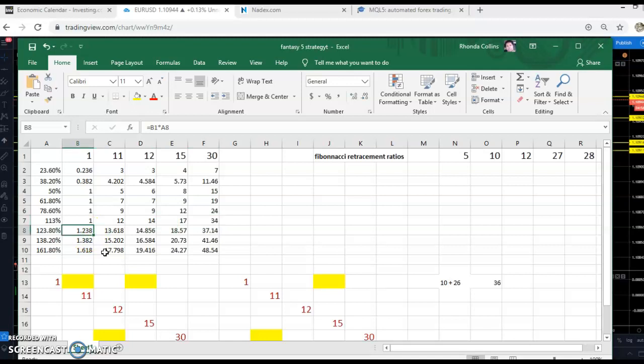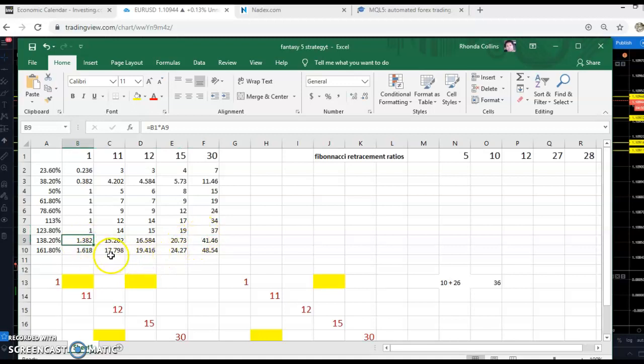This is 1 again. This is 14. This would be 15, one of yesterday's winning numbers. This would be 19. And this one doesn't matter because this is not in our Fantasy 5, 37.